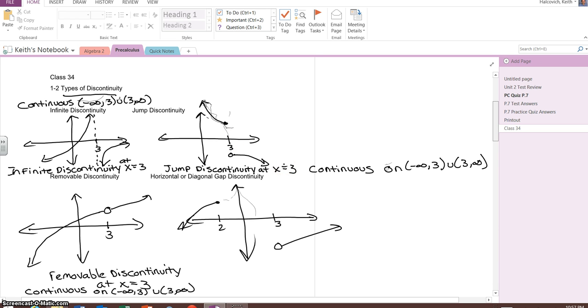But there's no x coordinate that it's not equal to, whereas here there is a horizontal gap from 2 to 3. So this is only continuous from -infinity to 2 and from 3 to infinity. So notice there's a gap in its continuity.